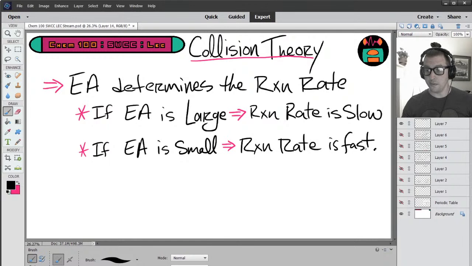I'm going to show you one way you can in a few minutes, but for now I'm just going to say you can't change it, and then I'll contradict myself later. But there are factors under your direct control that will influence how quickly or slowly a reaction proceeds. And here's the way to think about it.